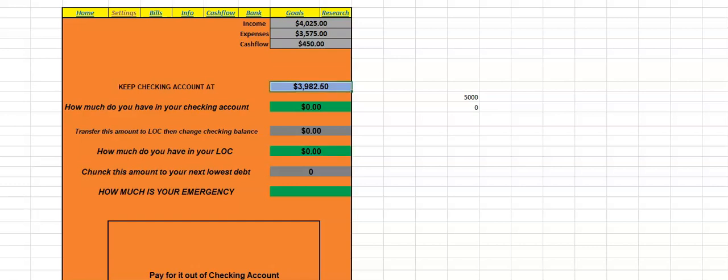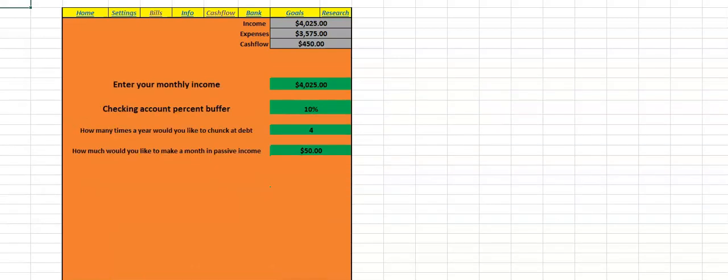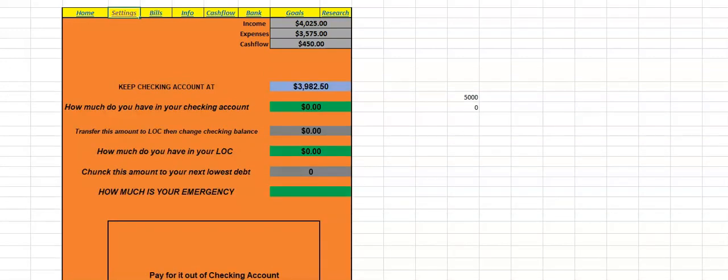So this right here is a buffer. This is one month's expense plus the $50, plus the checking account buffer right here. It's defaulted to 10%. So right here, $3,982.